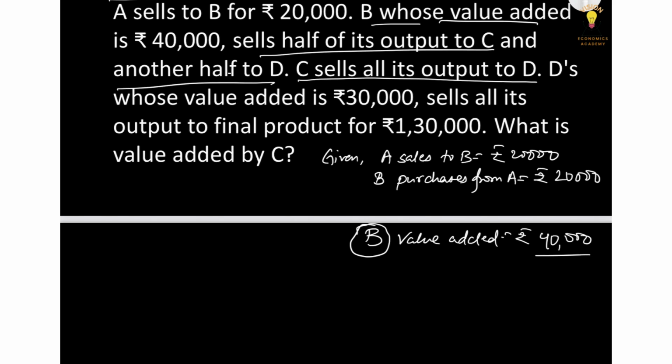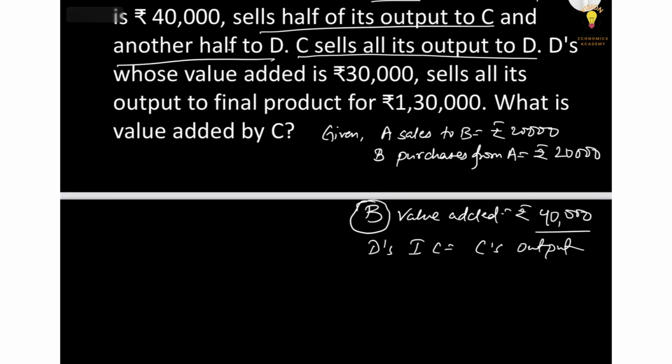So C sells all of its output to D, so D's intermediate cost will include C's output. And then D sells all of its output to final product, so D's output is 1,30,000. So all these are given in the question.